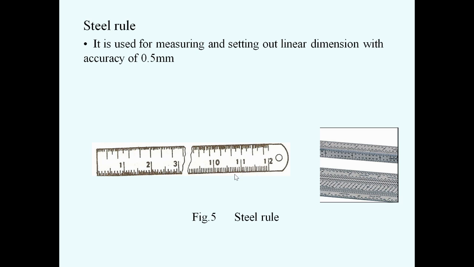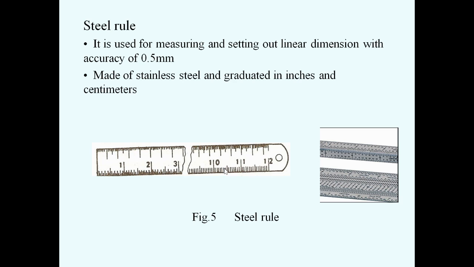With the help of this tool, we can measure and draw markings on the wooden workpiece, to an accuracy of 0.5 millimeters. It consists of graduations, these are in inches, and this side we have it in centimeters.